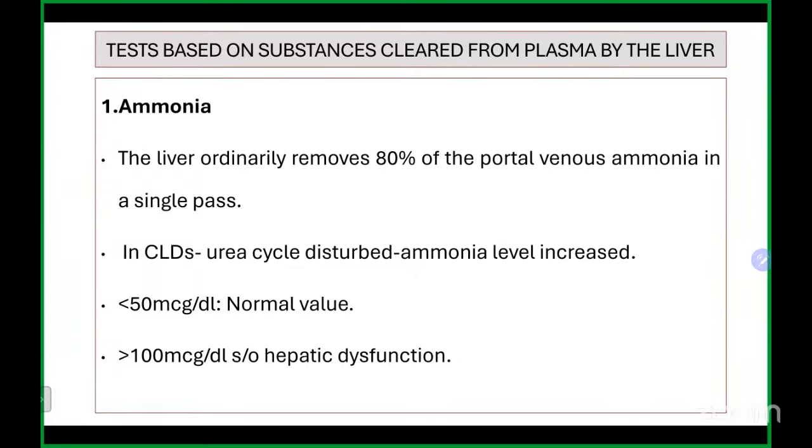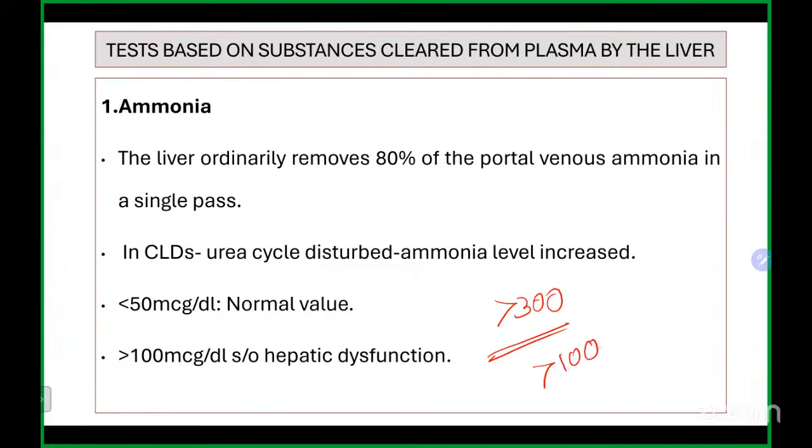And even in urea cycle disorders of newborns, the child will be encephalopathic because ammonia levels will be very high. So in newborns, ammonia levels of more than 300 are taken as a definitive sign of urea cycle disorder.